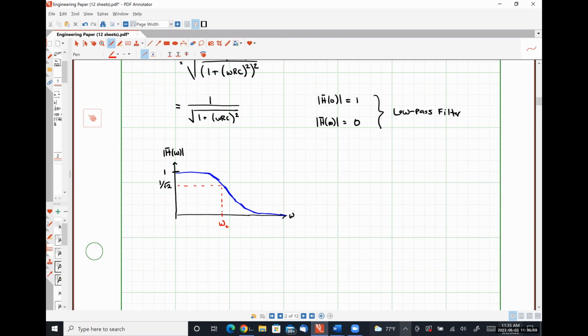That's where our corner frequency is defined. Now, you may be thinking to yourself, why on earth do you care about when this looks like 1 over the square root of 2? So this is when our filter has reached a point that exactly half of the signal power is being attenuated.